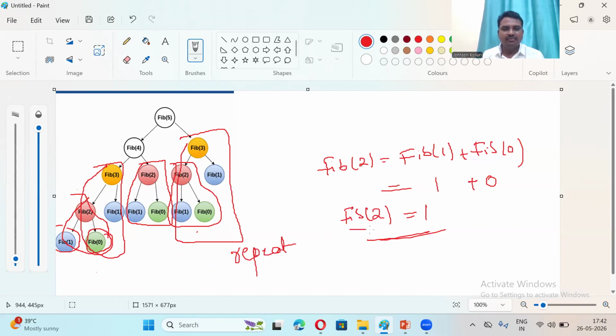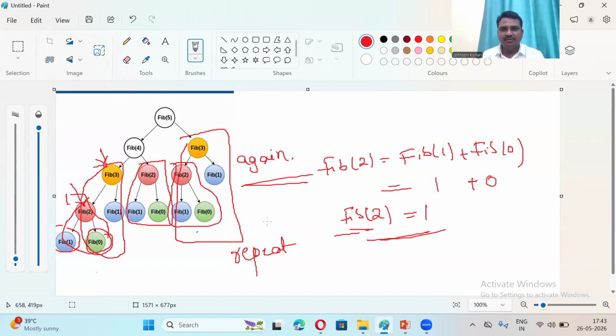You already have the Fib2 value, you can just use it. That value is 1. If you have calculated Fib3, just use the value. No need to calculate again. This is the main drawback in recursion.